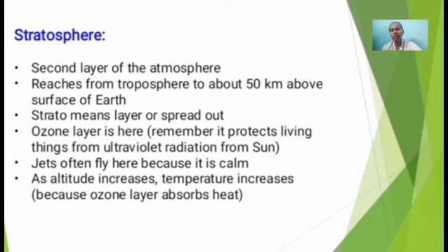This region is also known for its calm and stable air, which is why jet aircraft often fly here. Interestingly, unlike the troposphere, the temperature in the stratosphere increases with altitude due to the heat absorbed by the ozone layer.